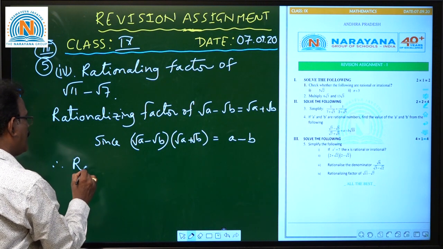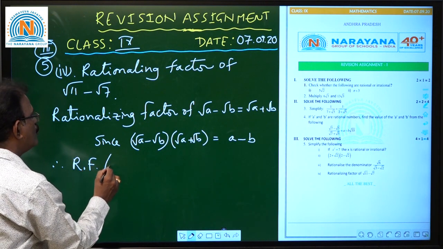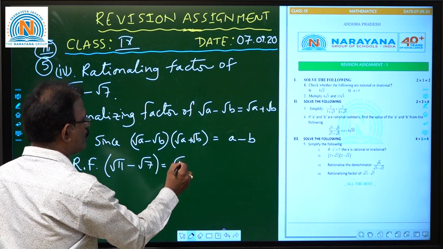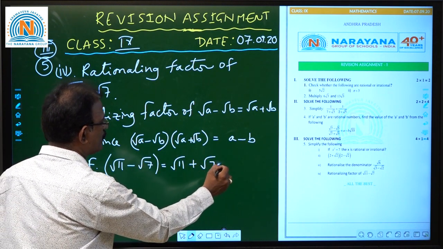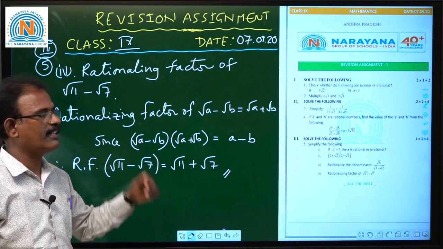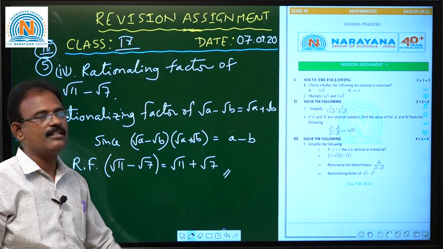Therefore, the rationalizing factor of root 11 minus root 7 is root 11 plus root 7. So this is the explanation, children. What is the rationalizing factor of root 11 minus root 7? This is root 11 plus root 7.